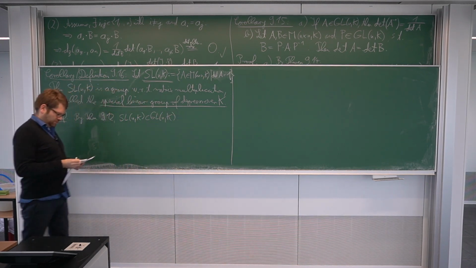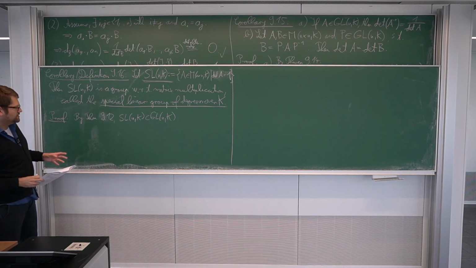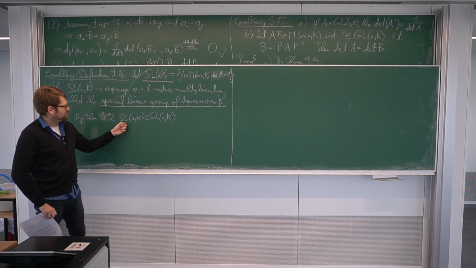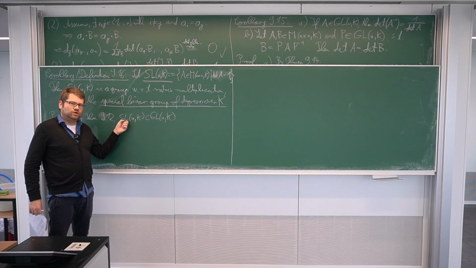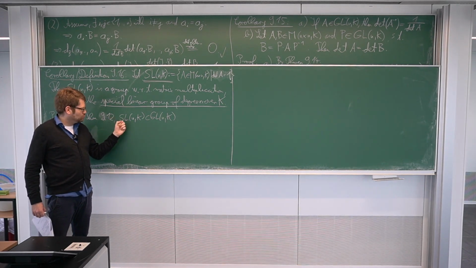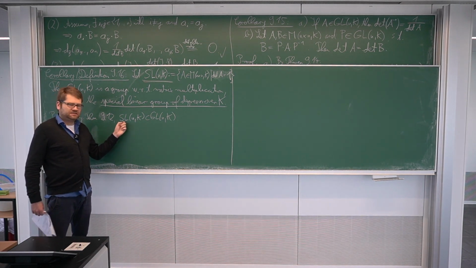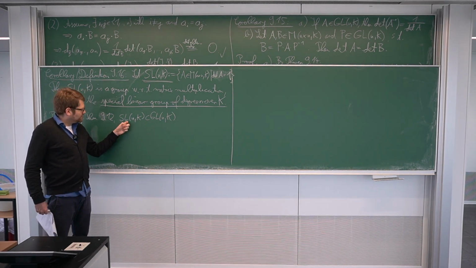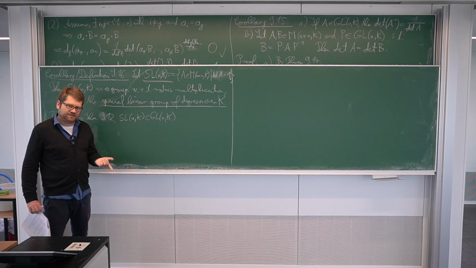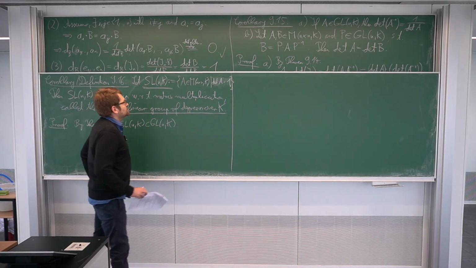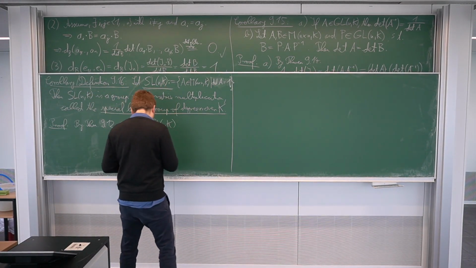So to make this a group, we first need to see that this is well defined in the sense that this contains all products of elements. So if I take two elements of SL(n, K), I take the product of them. This is again in SL(n, K). And if I have a matrix in SL(n, K), the inverse must be in there. But for this, we can just use the previous results. This is something very easy to see.